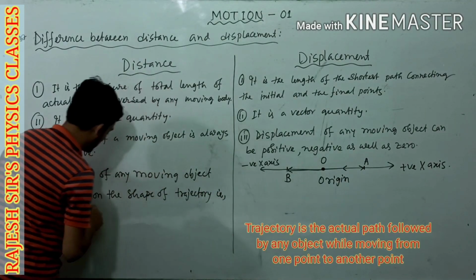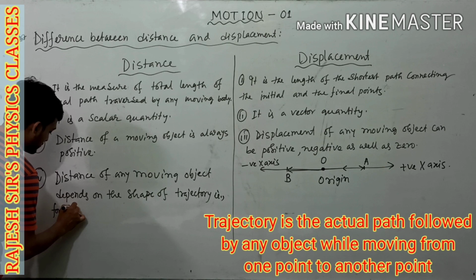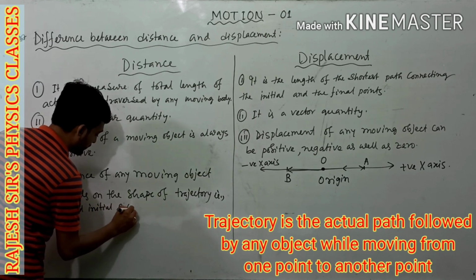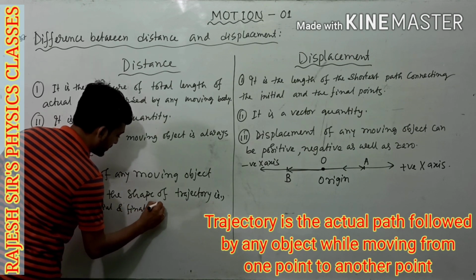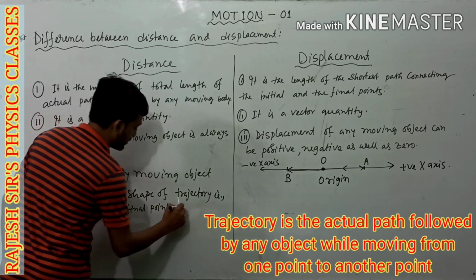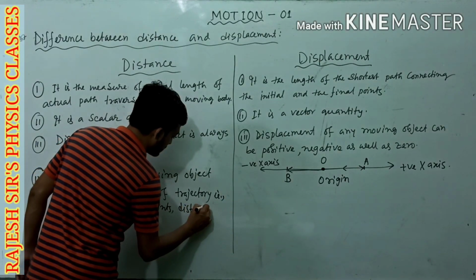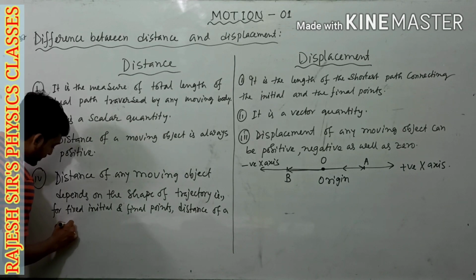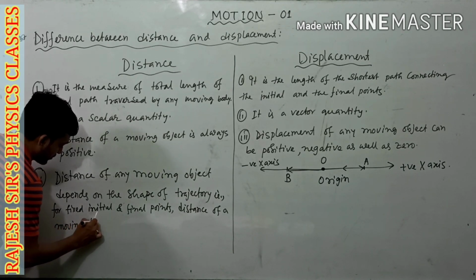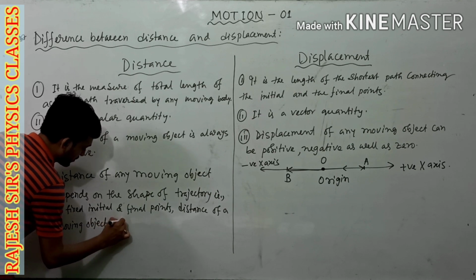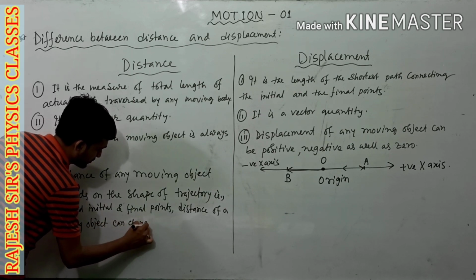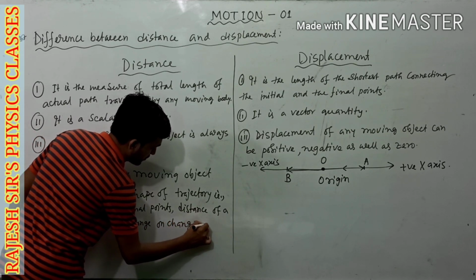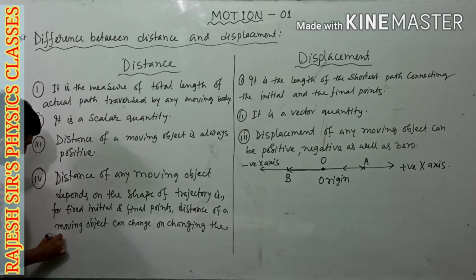That is, for fixed initial and final points, distance of a moving object can change on changing the path.